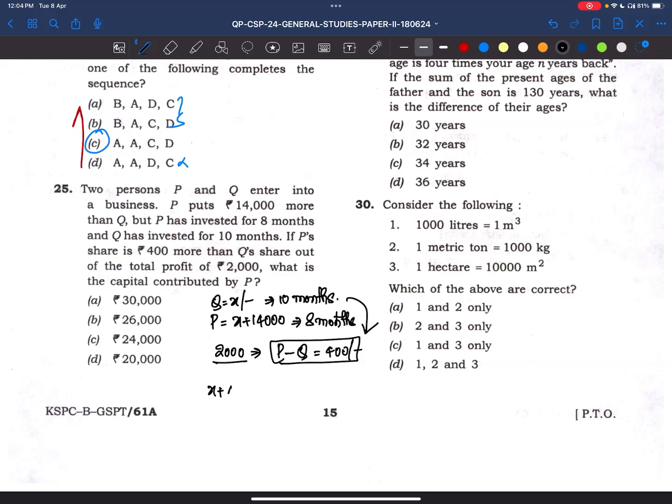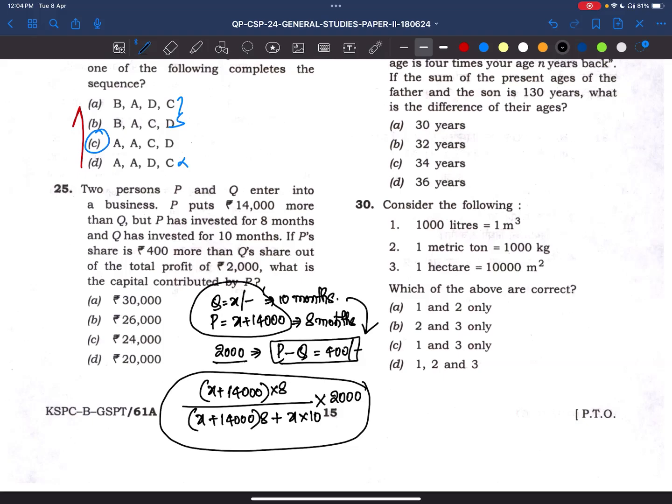How much he contributed: X plus 14,000 into the number of months, divided by the total amount. The total amount is X plus 14,000 into 8 months, plus X rupees into 10 months, into 2,000. This is the share of P.